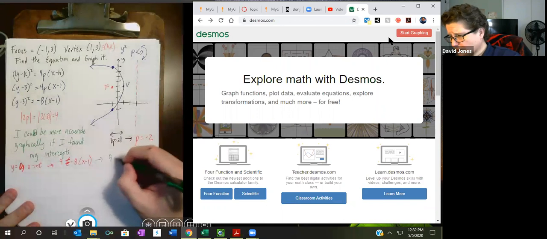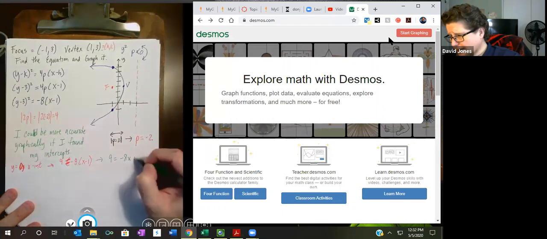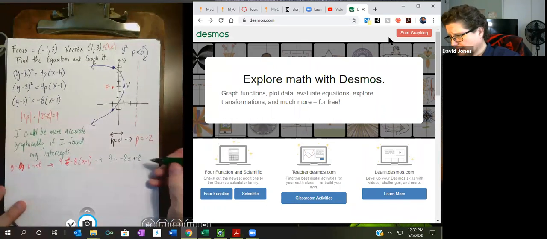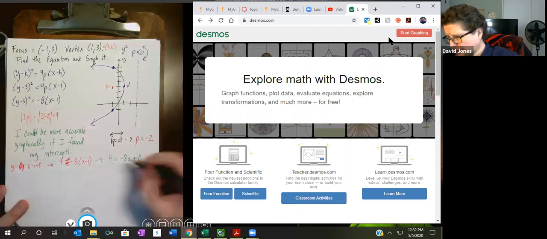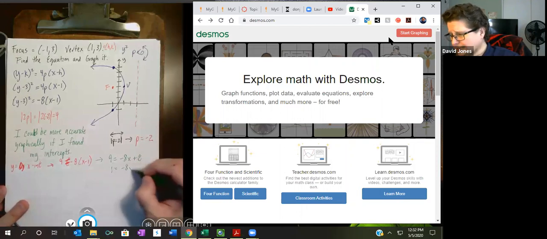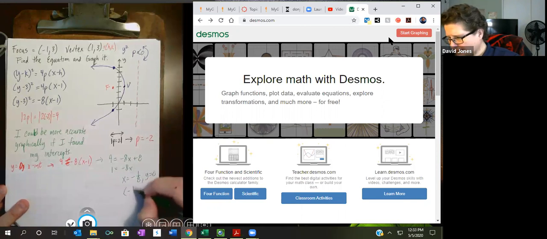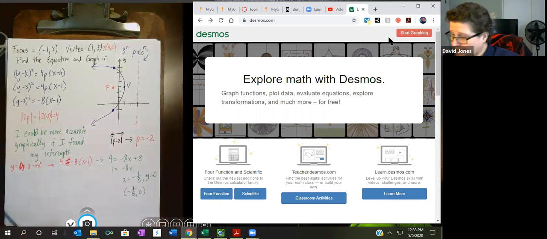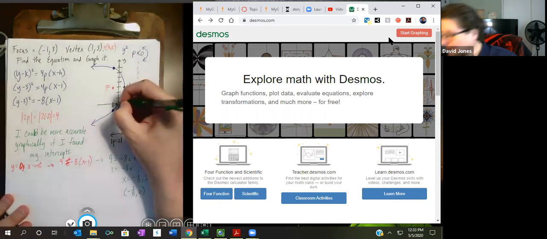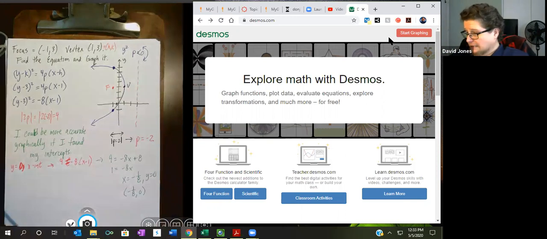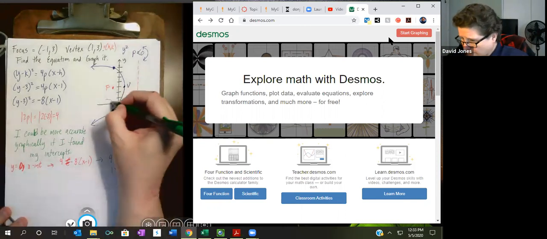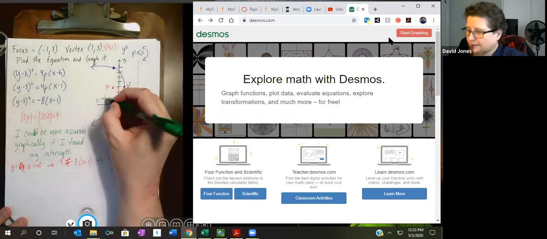So 9 equals -8x + 8. Subtract 8, and I get 1 equals -8x. So x equals -1/8 when y equals 0. And I have the point (-1/8, 0). Apparently, this should have crossed right about there. So my sketch wasn't super accurate. It was pretty close.